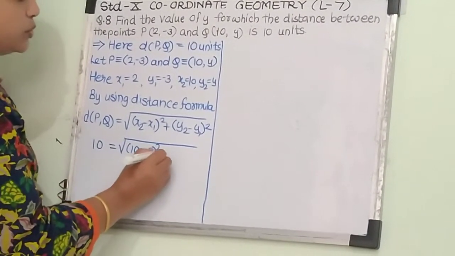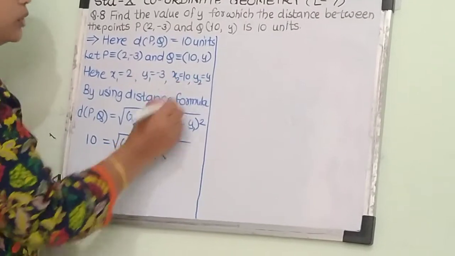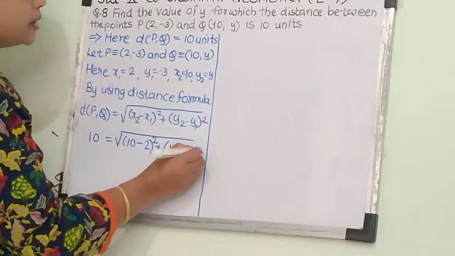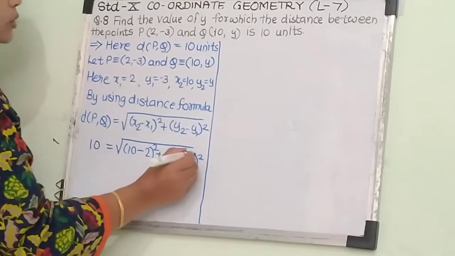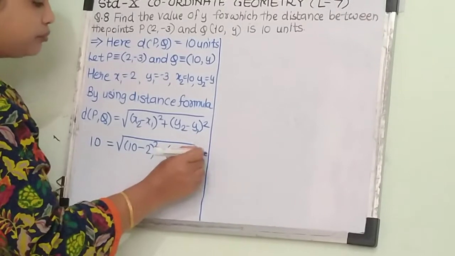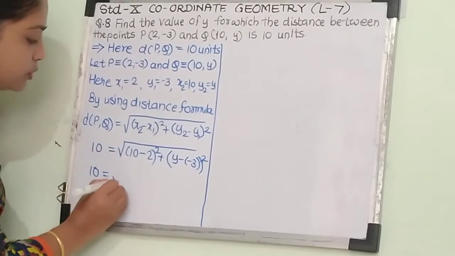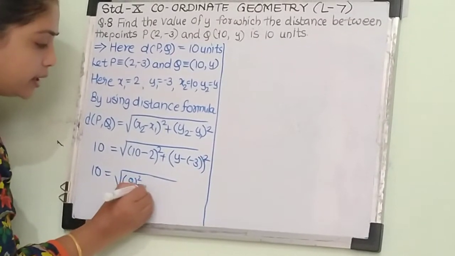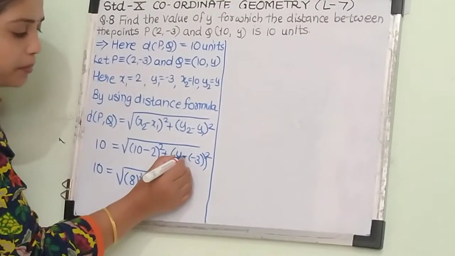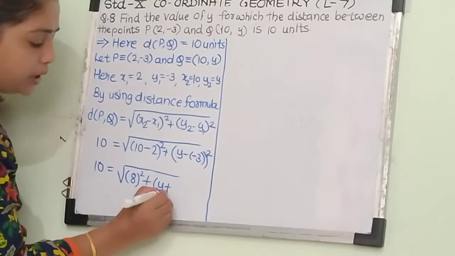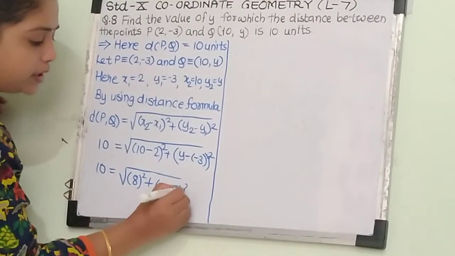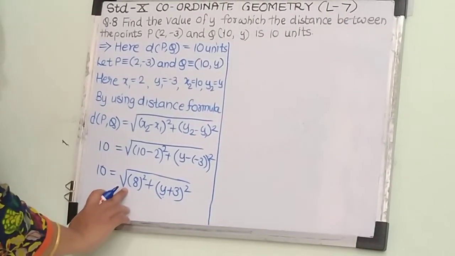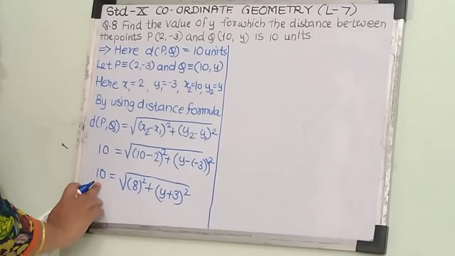So (10 minus 2) square plus y2, which is here y, minus minus 3, square. So here we get 10 equals root of (10 minus 2, that is 8) square, plus y, minus becomes plus, so (y plus 3) bracket square.